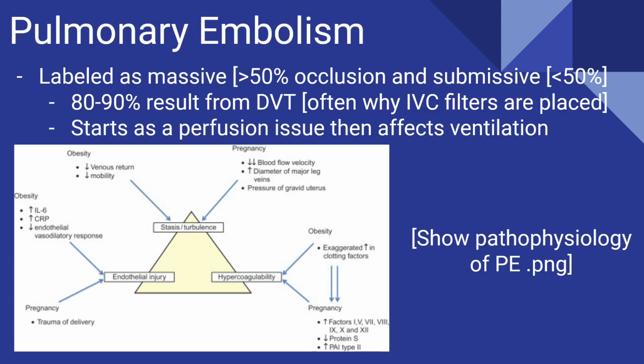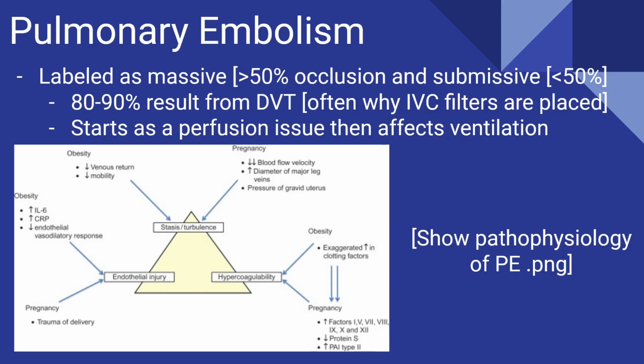But there's this triad here that we can see of people that are predisposed to pulmonary embolisms. It just shows obesity and pregnancy on here, but there are other ways to be exposed to stasis, for example. So decreased venous return, decreased mobility. That doesn't necessarily mean you have to be obese.